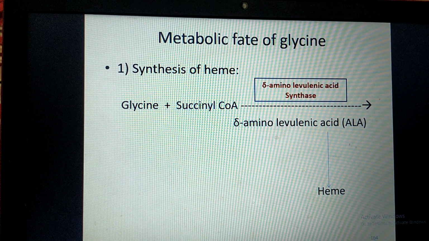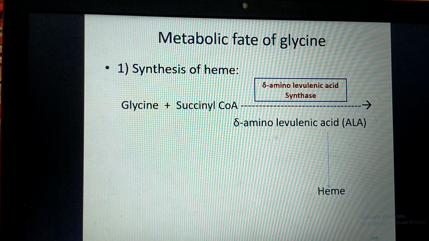If you know the heme synthesis pathway, then you can find that the first step of heme synthesis is glycine combining with succinyl CoA to form delta aminolevulinic acid, and the enzyme is delta aminolevulinic acid synthase.